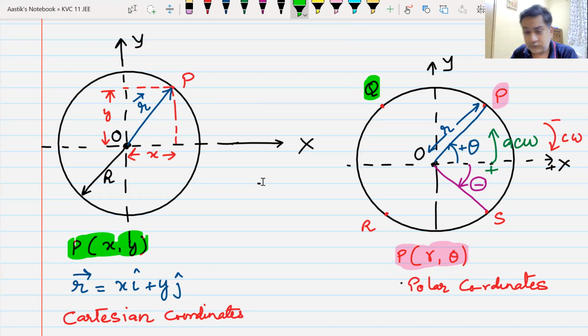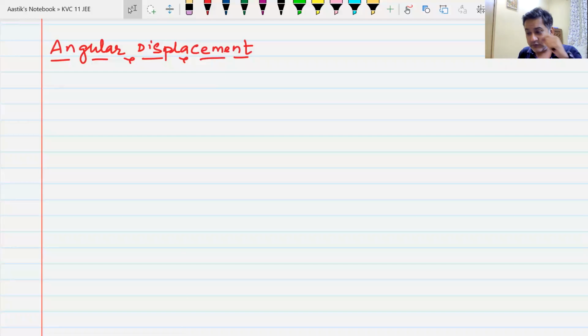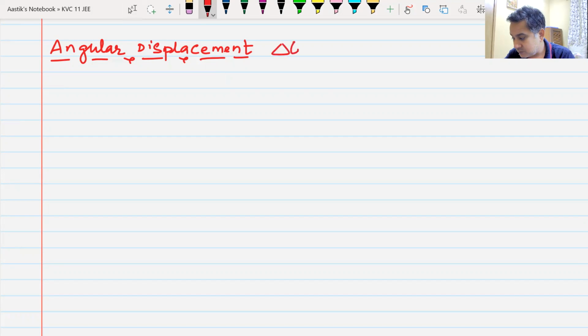Displacement. Not displacement, dear. Angular displacement. Because we'll again talk of this displacement in terms of angle. Delta theta is the term that we are going to use. Delta meaning change, theta meaning angle.